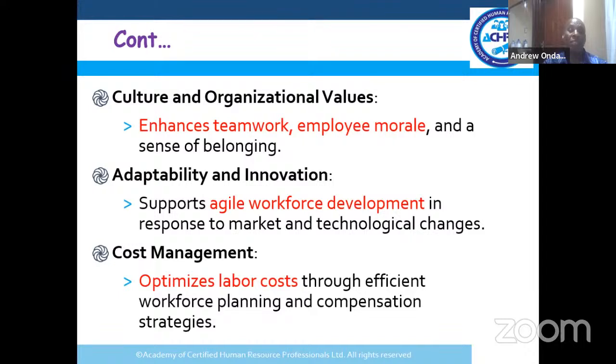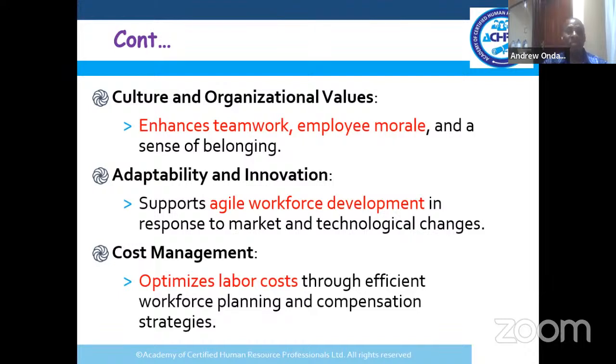Secondly, on training, we can individualize our trainings. Why individualize? It is because of our different needs as employees. For example, some of us are HR specialists.